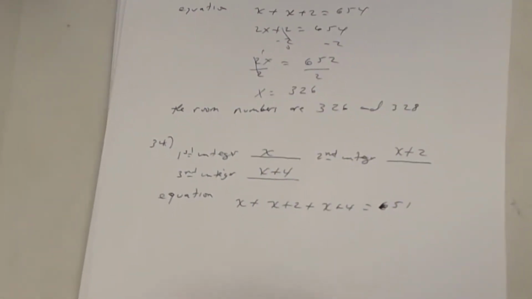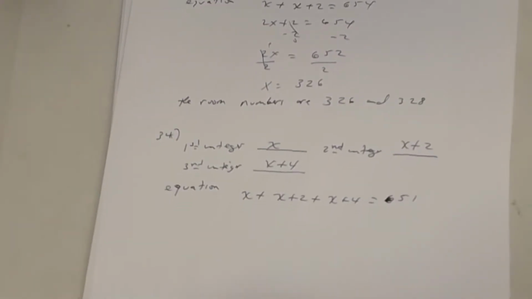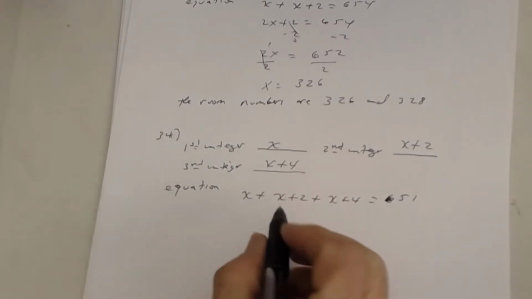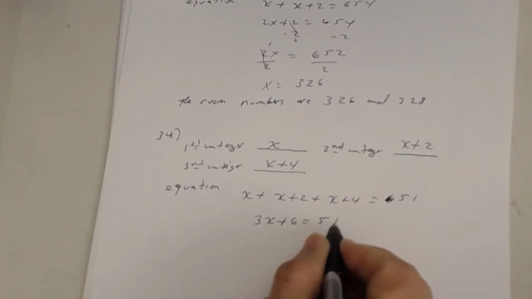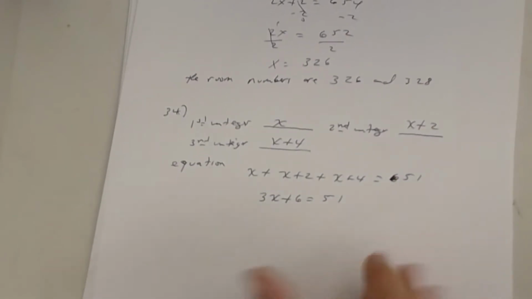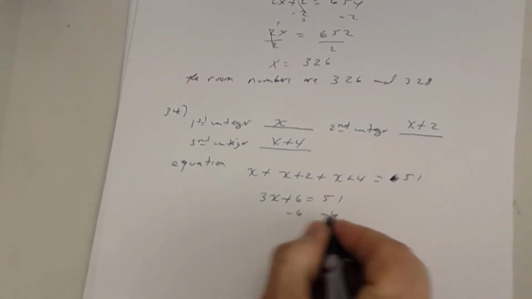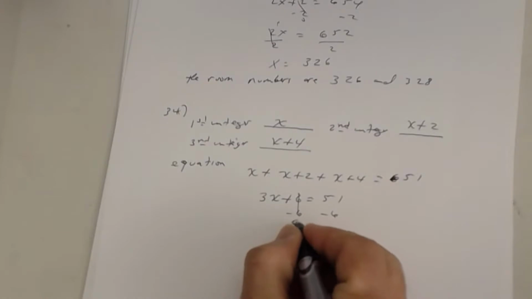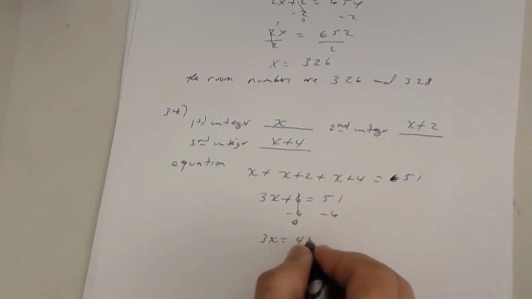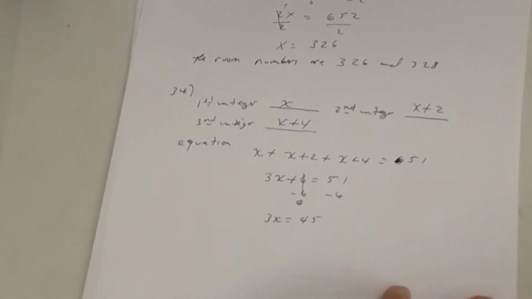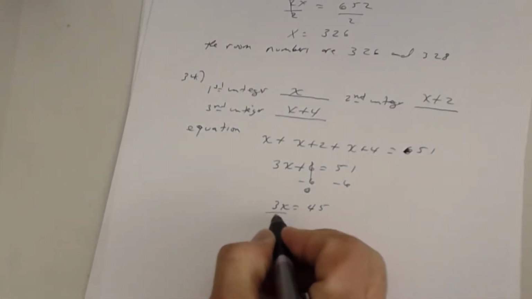Okay, so there's your equation. What's the next step? Combine like terms. 3x plus 6 equals 51. Next step. What's 51 subtract 6? 45. And then divide both sides by 3.